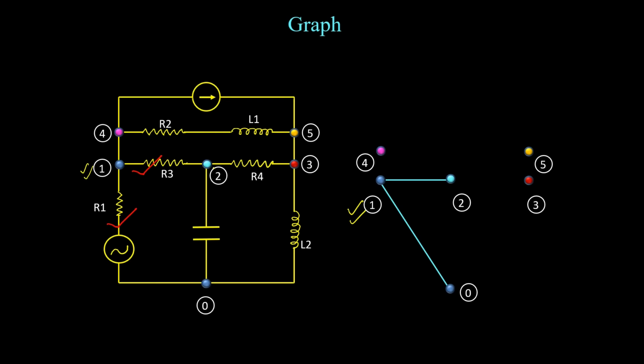Again, you come back to the network and see, is there any connection between the first node and fourth node? Yes, we have. So now I am making a connection between 1 and 4. I hope these are the only connections that are directly connected to the first node.